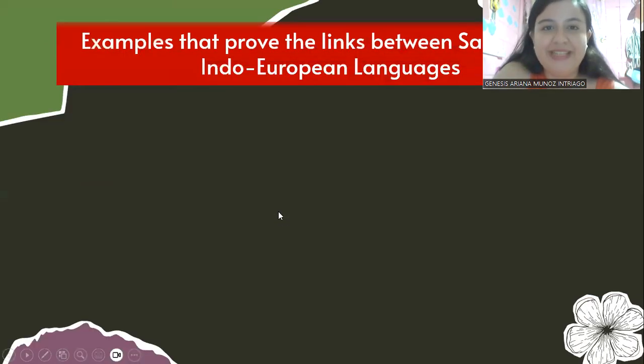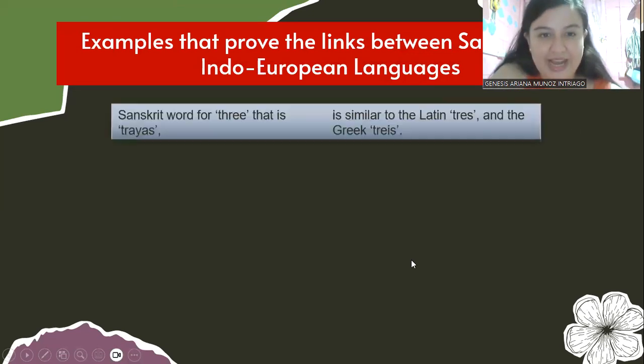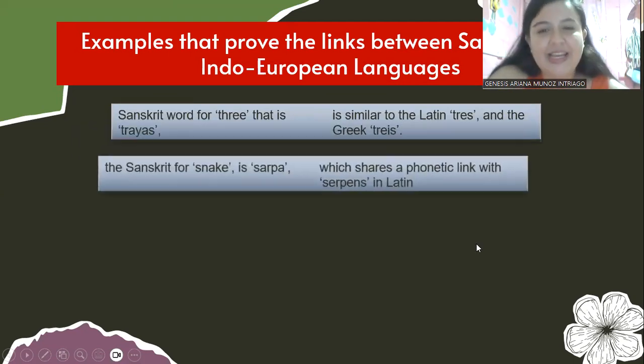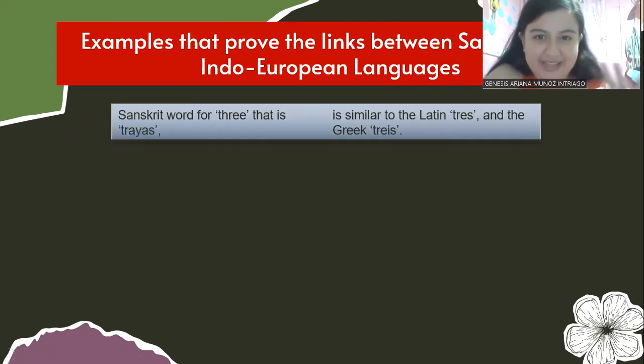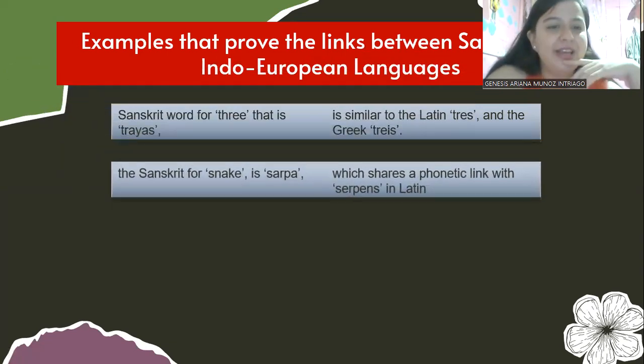So some examples that prove the links between Sanskrit and Indo-European languages are, for example, in Sanskrit, the word for three is trayas, which is similar to the Latin tres and the Greek tres, okay? As you see, all of these words share the same meaning, okay? As we talked before.